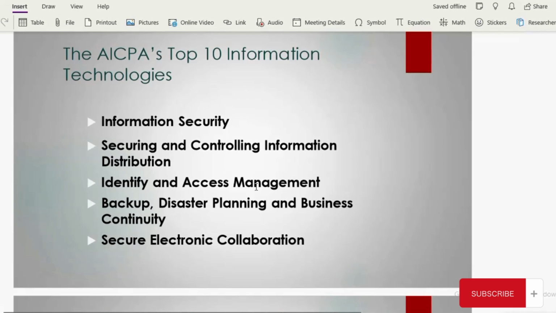Also, identity and access management is a key and hot topic in information technology. Backup, disaster planning, and business continuity are also key topics in the area of information technology. Why?